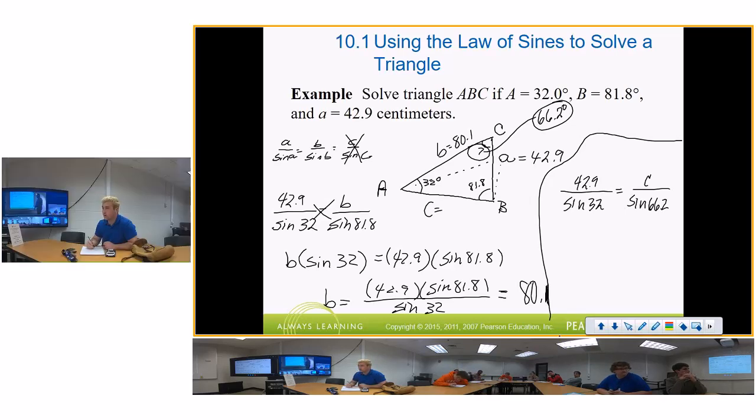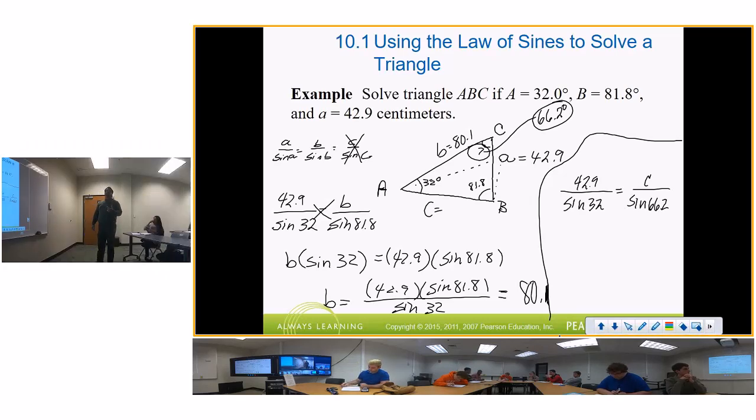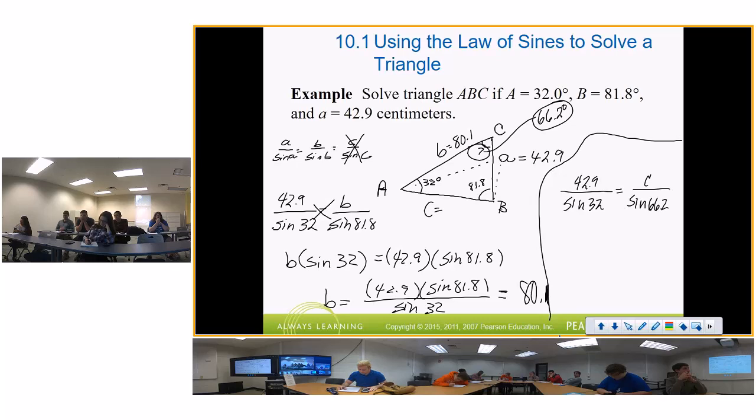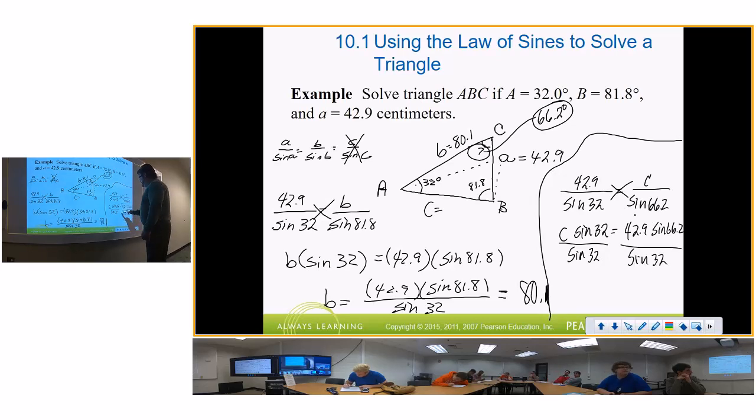No, it does not. That's the good thing about law of sines and law of cosines. It's hard to break. So C times the sine of 32 is equal to 42.9 times the sine of 66.2. And I'm just going to divide by the sine of 32 on both sides, and that's going to be our answer.